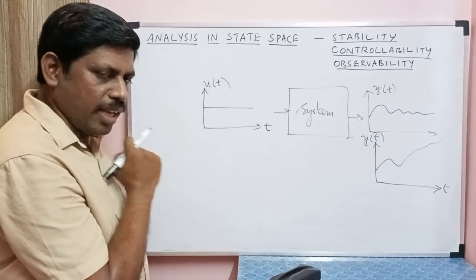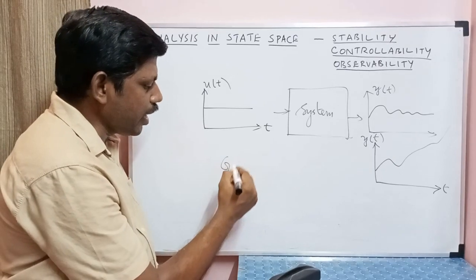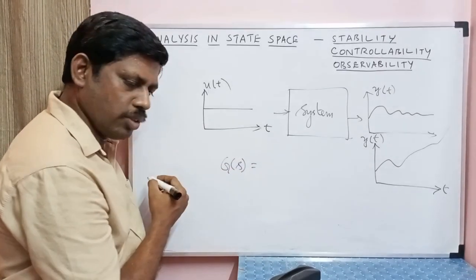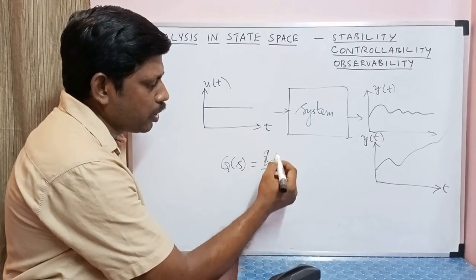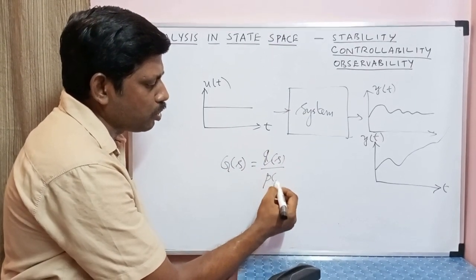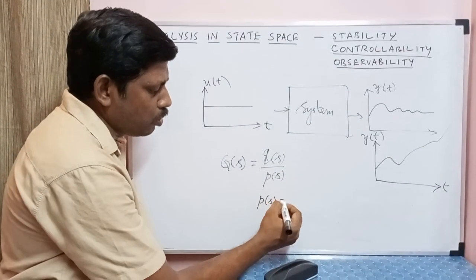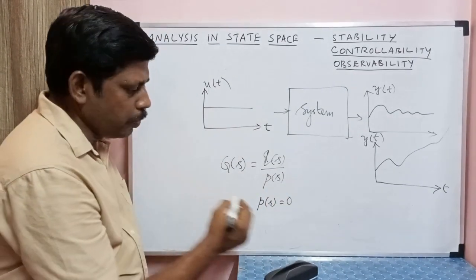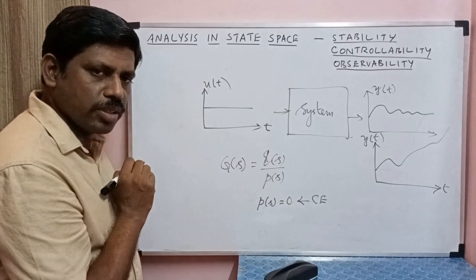In classical control theory, how we do this is, if I have a transfer function G(s), which will have a denominator polynomial and numerator polynomial, I equate this denominator polynomial to 0, and this equation we call the characteristic equation.